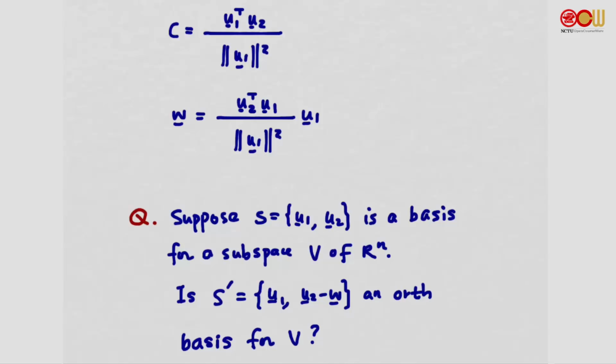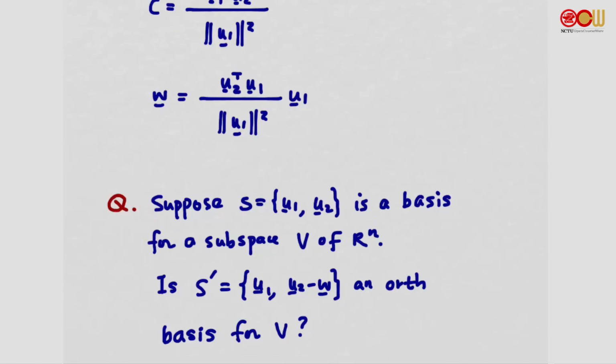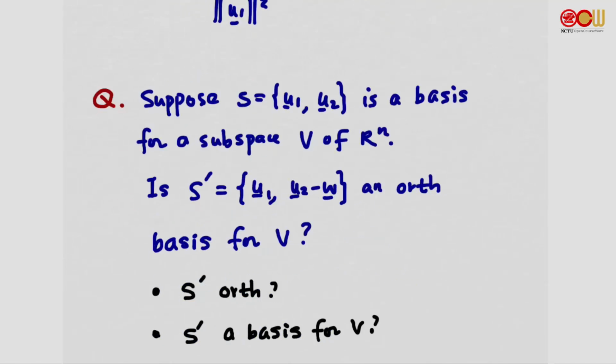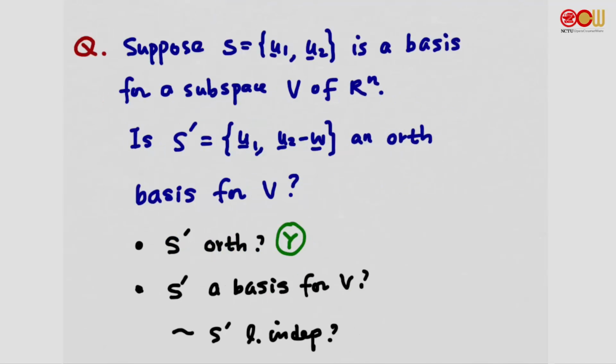For S prime to be a basis, it has to be linearly independent, it has to be a generating set, and it has to be orthogonal. So we ask if S prime is orthogonal, and that's indeed the case. And is it a basis for V? It's a linearly independent set, right? It follows directly from the orthogonality of S prime.